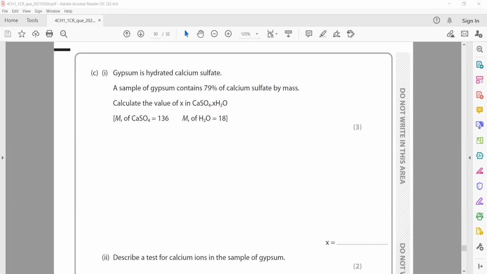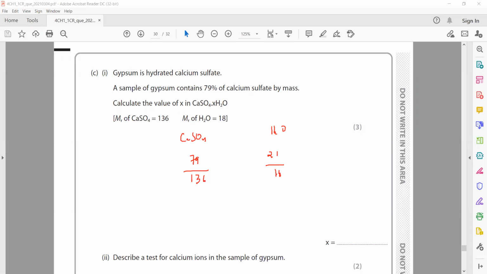So we can simply find the simplest ratio between them. We know the percentage of the calcium sulfate and water, that's 79 and 21. Divide by the mass to get the moles, because we want the simplest ratio. This will be 136 and this will be 18.